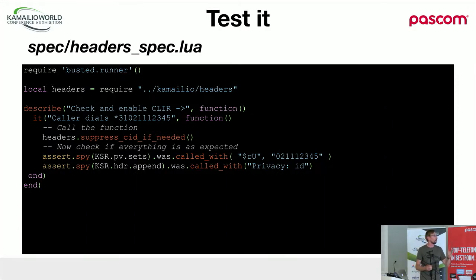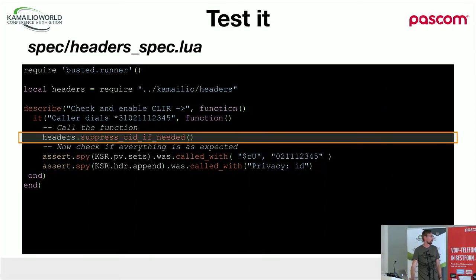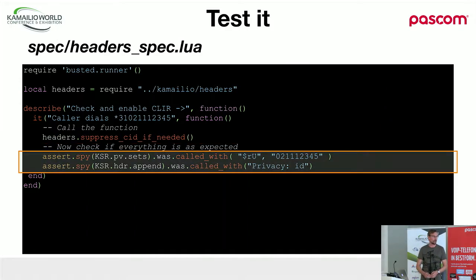We have to require the busted framework, and then include my module that I want to test, and then I can start writing the test. That's busted syntax, but the main part is that I call my just-written function, and afterwards I check that the return values, or what is actually happening in there, is the way I want it to be.